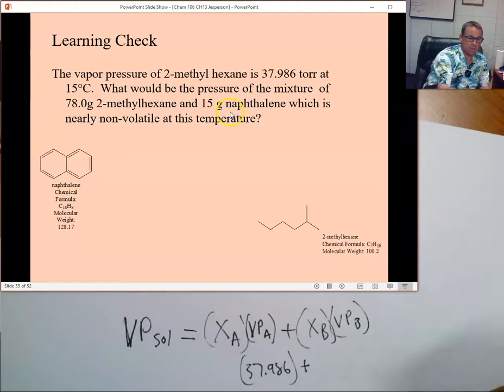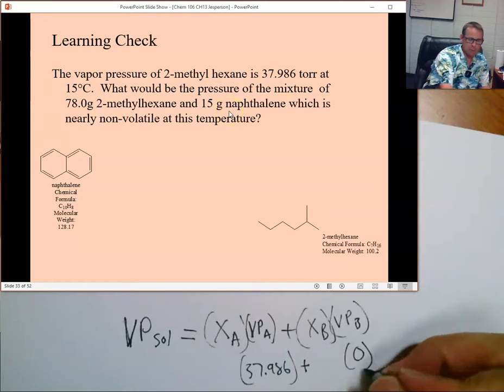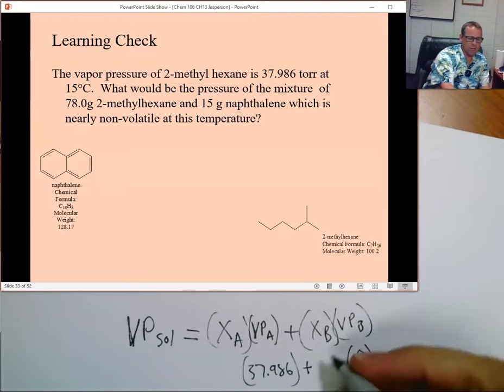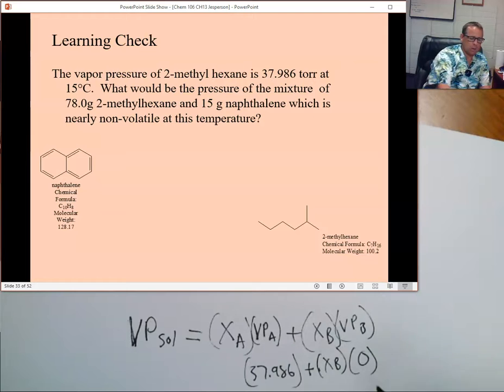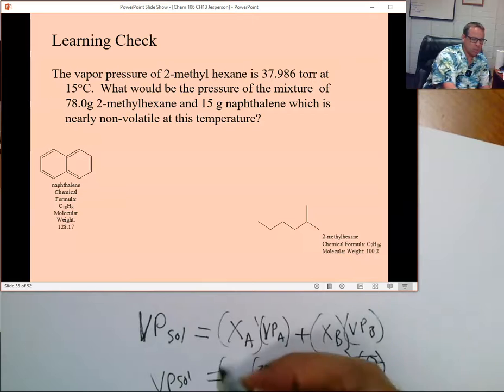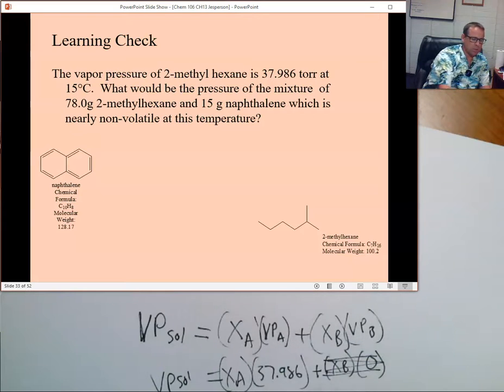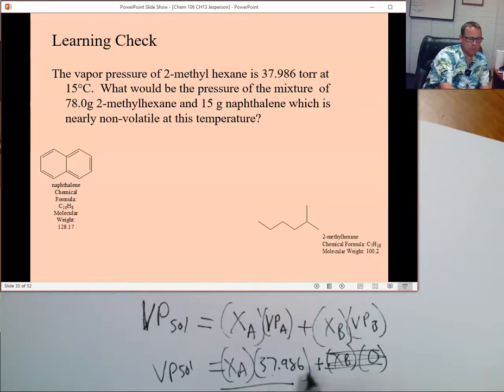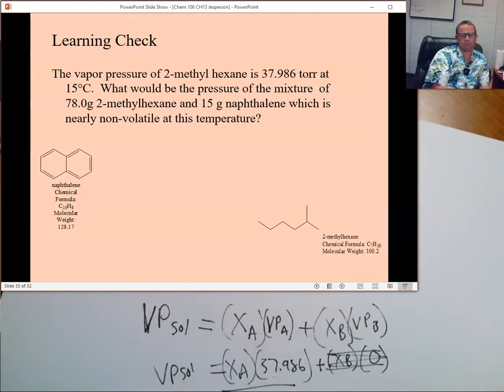Non-volatile means that it doesn't have any vapor pressure. So it's 0. So because it's going to be 0, we don't really care what the mole fraction is of this component. Right? All of this is going to drop out. So the resulting vapor pressure of the solution is just going to be equal to the vapor pressure of A times the mole fraction of A.